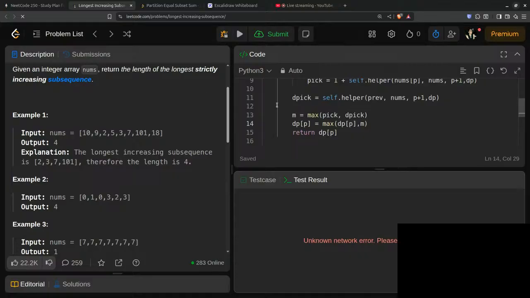What does this mean? In both the scenarios, this will work if we are storing it that way, if we're storing the maximum.